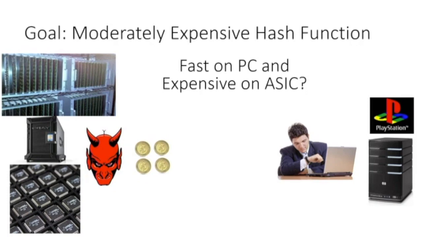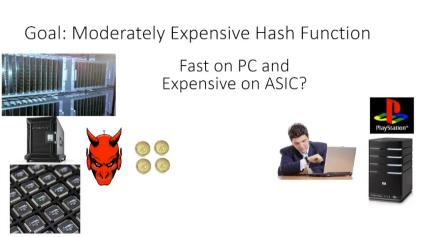Now, these properties might sound contradictory, and there is a tension. If it's fast to compute on your computer, well, certainly after the attacker builds customized hardware, the cost per guess for the attacker is not going to be any lower than the cost per guess for the legitimate user. After all, the attacker just gets to build customized hardware to optimize this task.